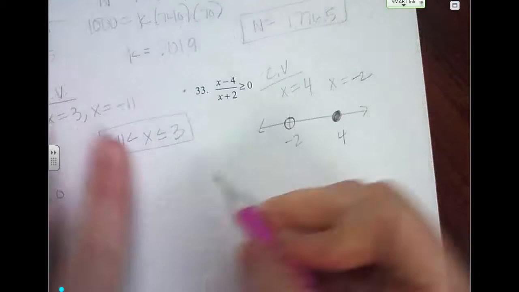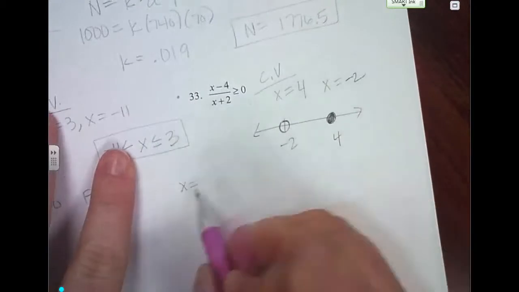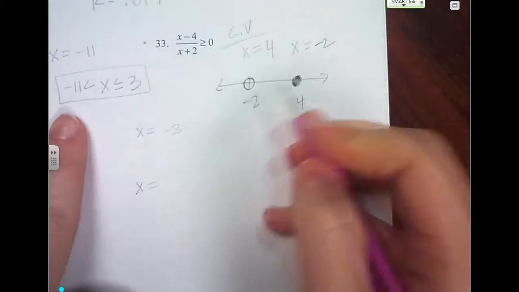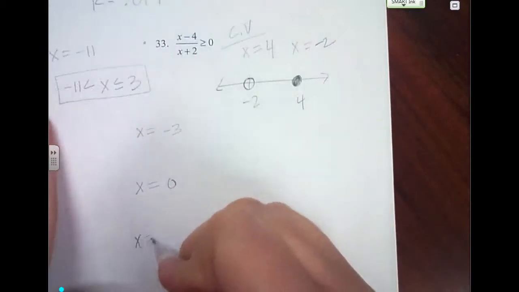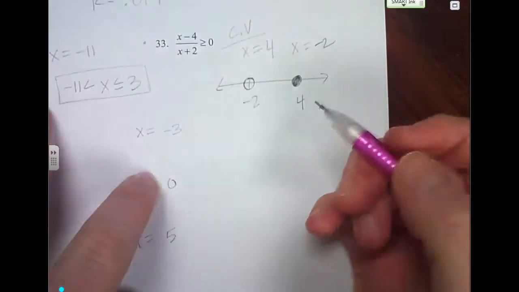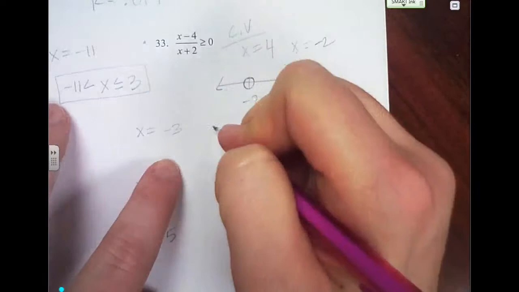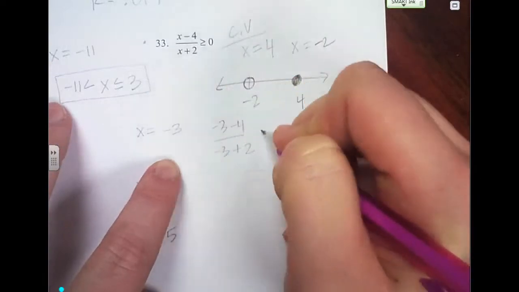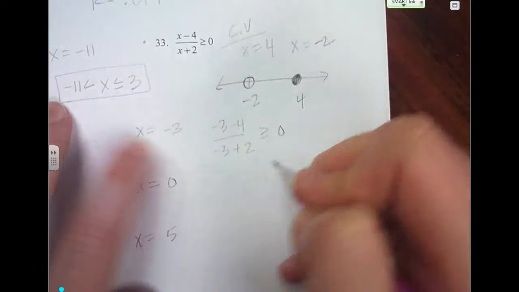Okay, so we want to test 3 numbers. Something less than negative 2, I'll test negative 3. Something in between the two of these, I'll test 0. And after 4, I'll test 5. So you're just plugging that into this original problem here. Negative 3 minus 4 over negative 3 plus 2. Is that greater than or equal to 0?